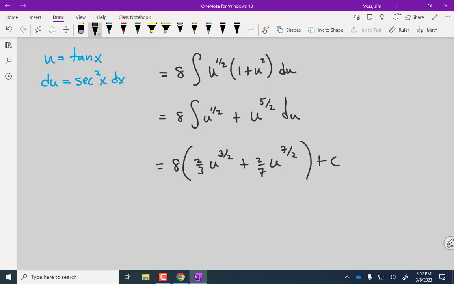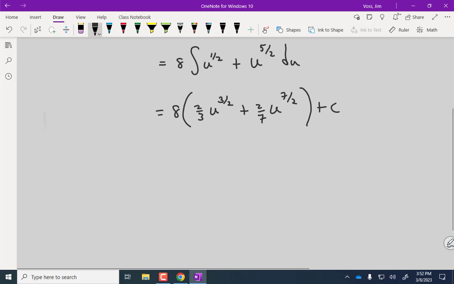And we're good. So we're going to have 16 divided by 3, tangent raised to the 3/2 power, 16 divided by 7, tangent raised to the 7/2 power. That is a 7. Plus C.